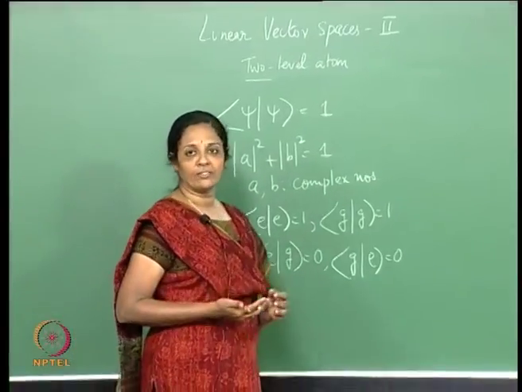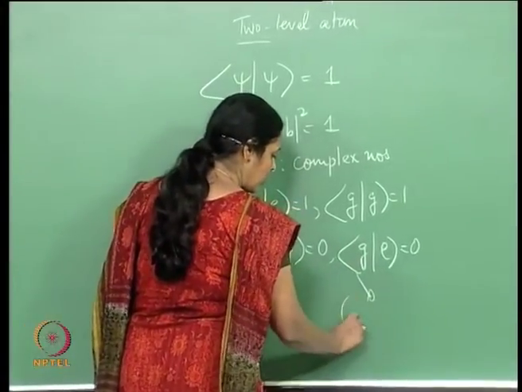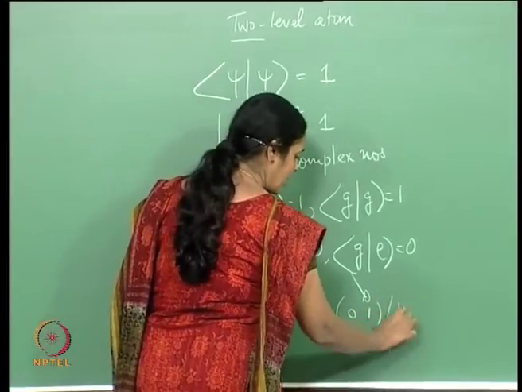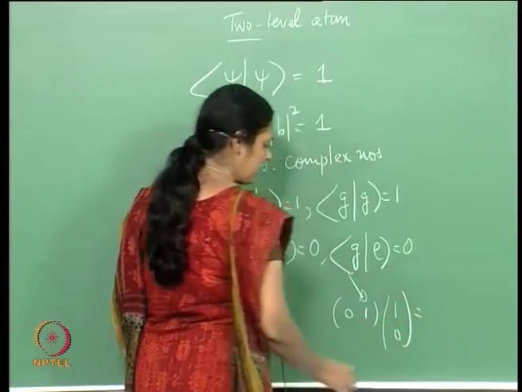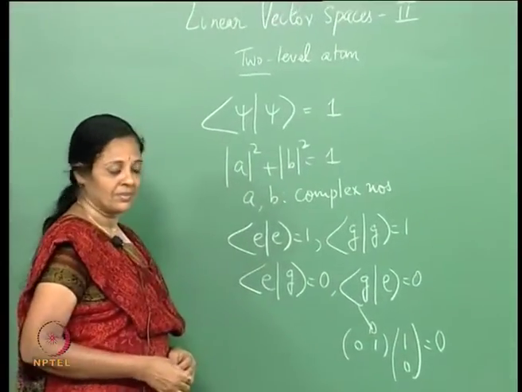Now, I could give matrix representations. In that case, I would write this as 0 1 and that as 1 0, and that is 0.